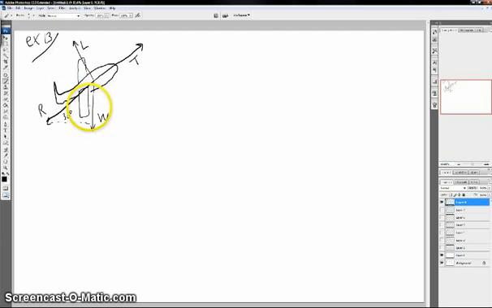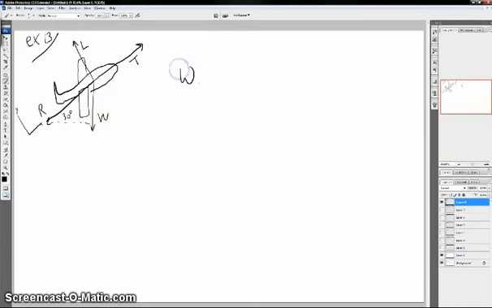We can actually solve this problem really similar to an incline problem that we did before by realizing that if we just rotate the coordinate system to be along the axis that the plane is flying on, it'll simplify the problem quite a bit. That means that our force of air resistance, our thrust, and our lift will all be in one dimension. The only thing that's not in one dimension is the weight of the plane.